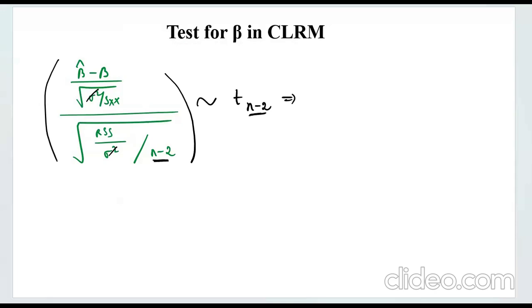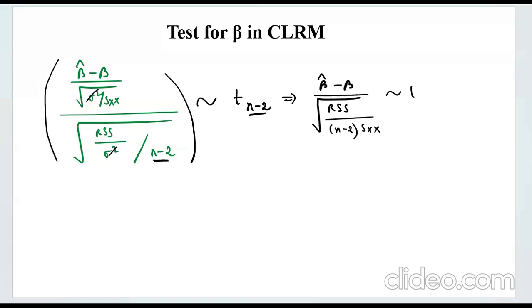Now what you can do is simplify (beta cap minus beta) upon root over of RSS, then n minus 2, and then Sxx.